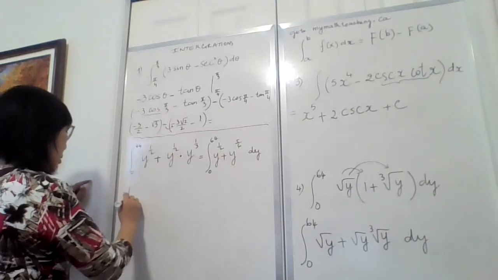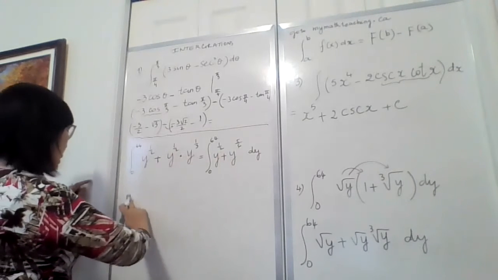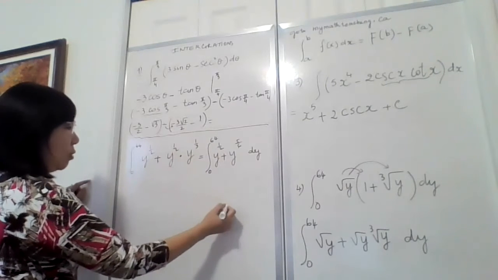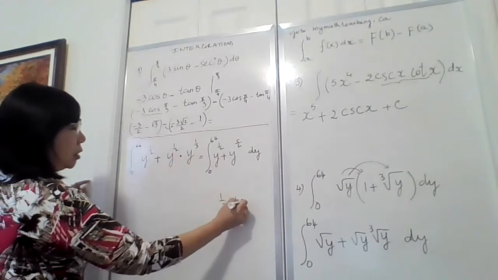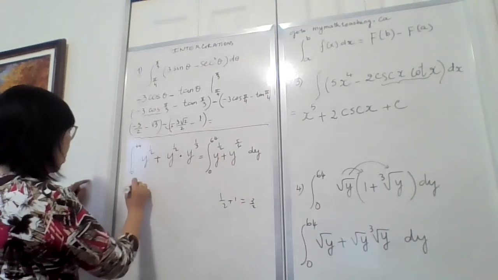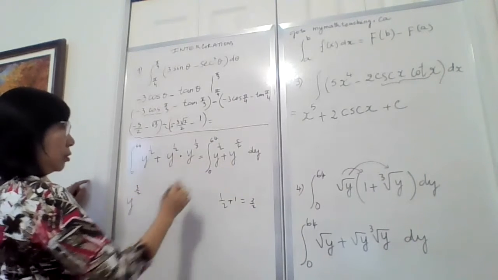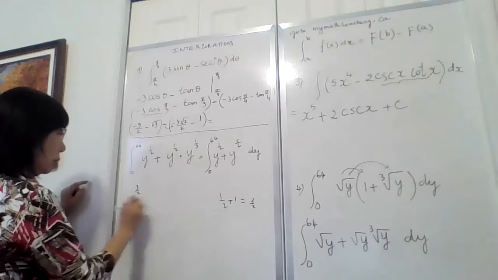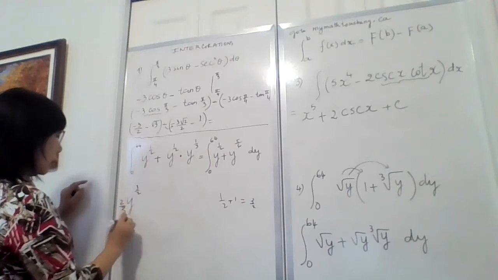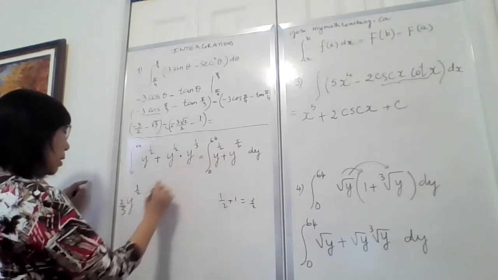So now the answer will be, let's do iterate right away. 1/2 add 1 is the power 3/2. So we have y to the power 3/2. And 3/2, when we twist this, becomes 2/3. Right, for this one.